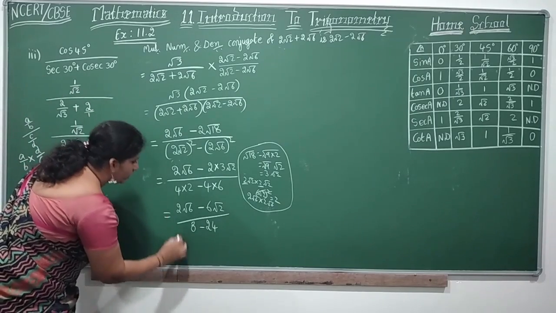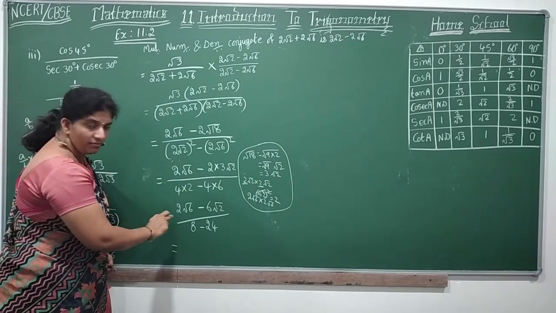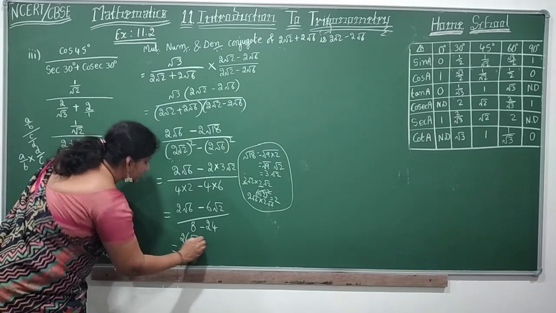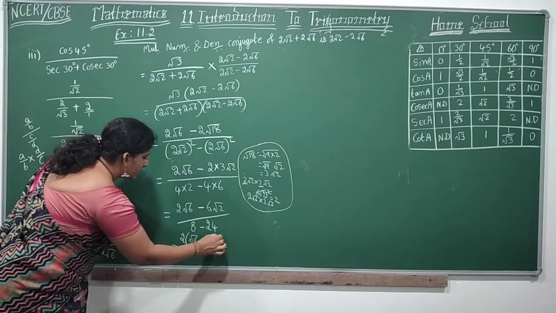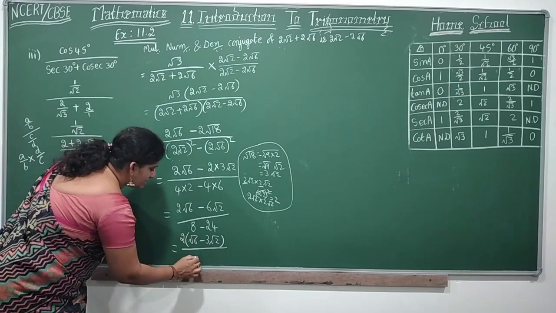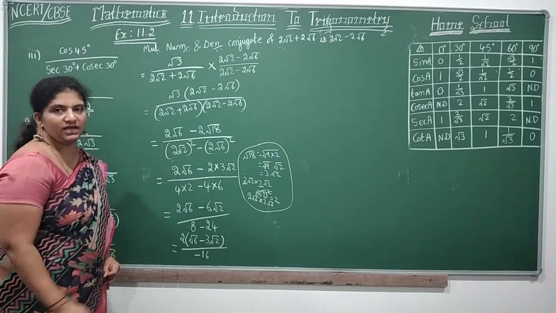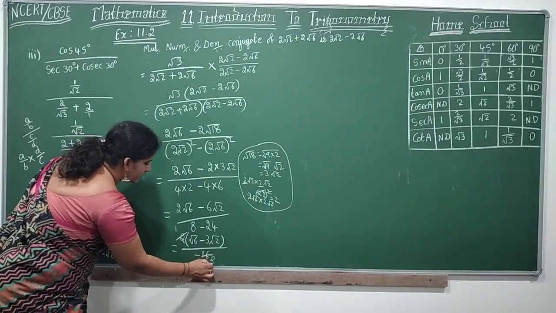So now look here, children. Is there anything common here? Yes, something is common. 2 is common. Take out 2 common: root 6 minus 3 root 2 whole divided by 8 minus 24. It will be minus 16.